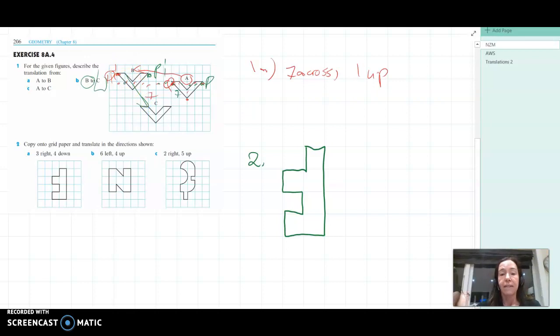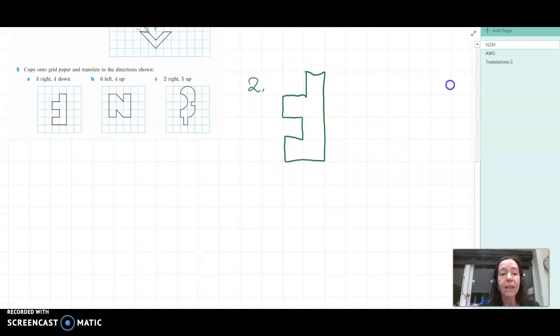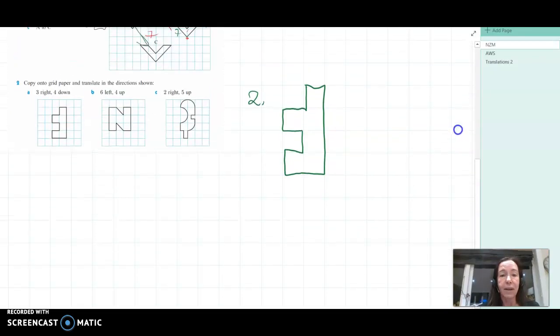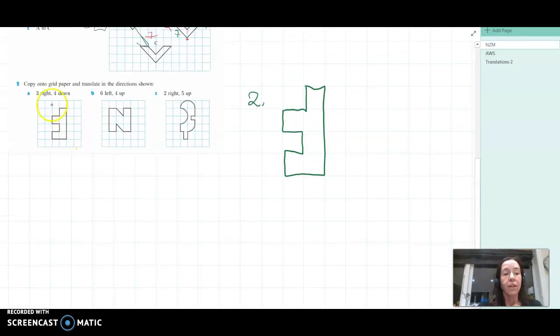Okay, now the next one is where we are going to be moving a diagram 3 right and 4 down. Well, I will let you do the 3 right and 4 down.